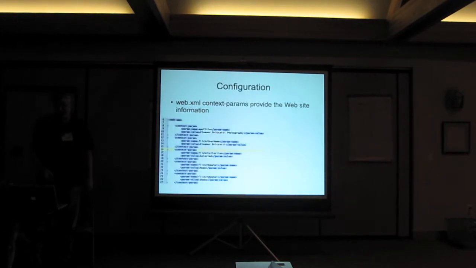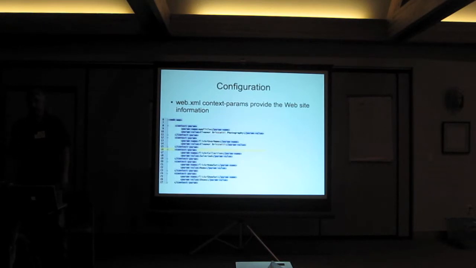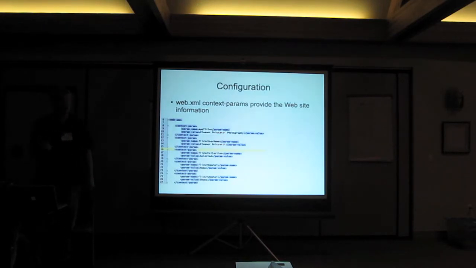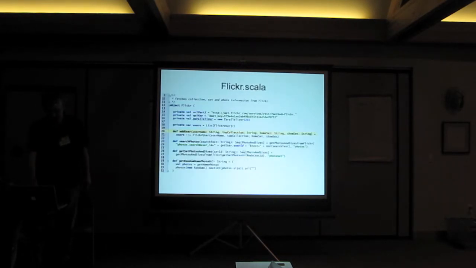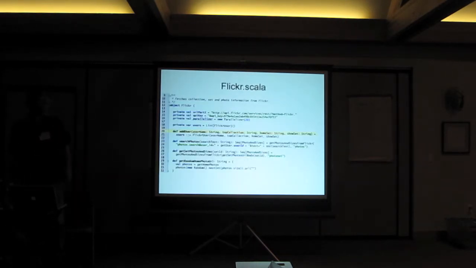This is a Java servlet type of web application. That's how Lift works, so you can configure it with web.xml. And here's some of the code. If you like Scala code, you can enjoy this, perhaps. And if you have never seen it before, you're getting a look at it now.